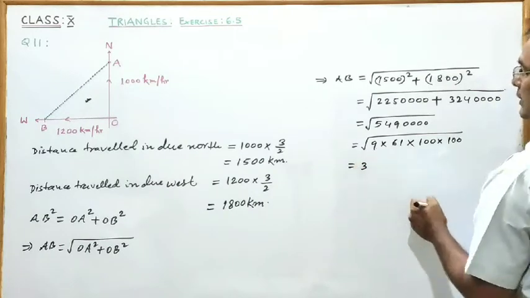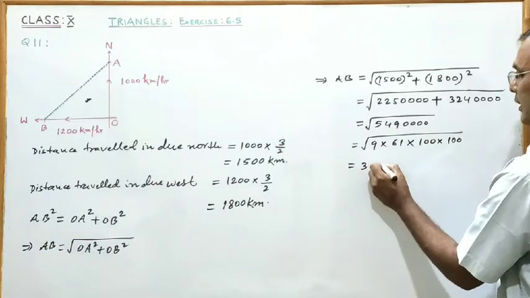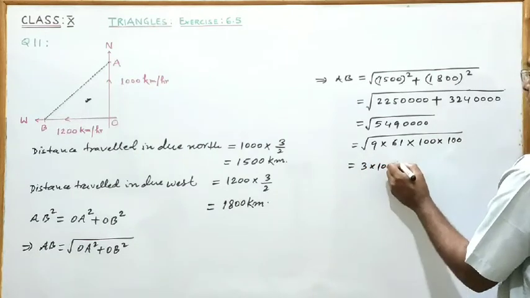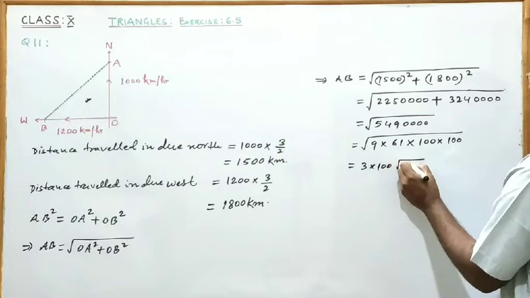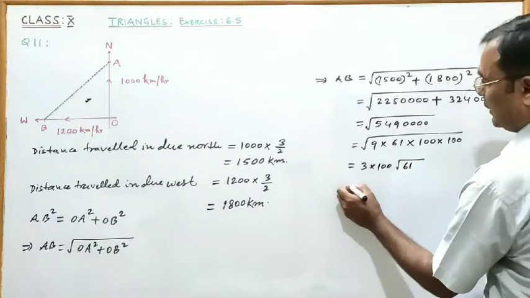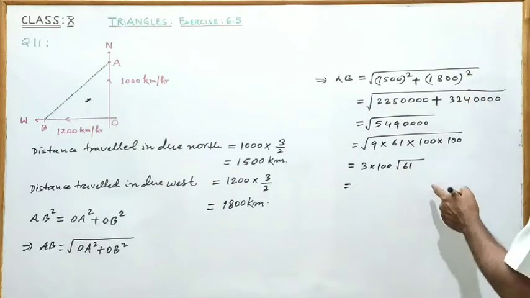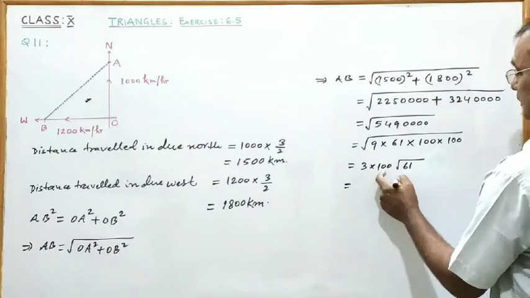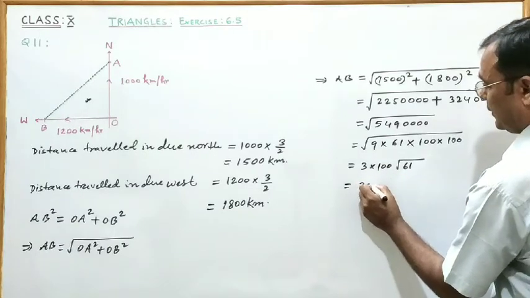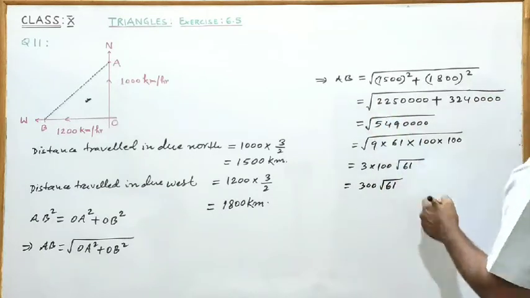Its square root is 3. 100 into 100 is also a perfect square number, so square root is 100. 61 is left in the square root sign because 61 is not a perfect square number. So 3 into 100, 300 under root 61, this is AB.